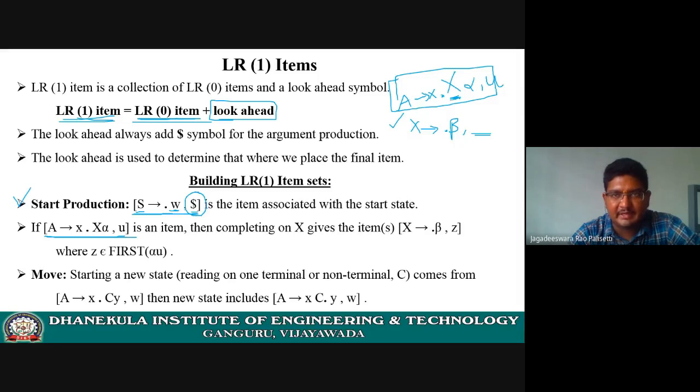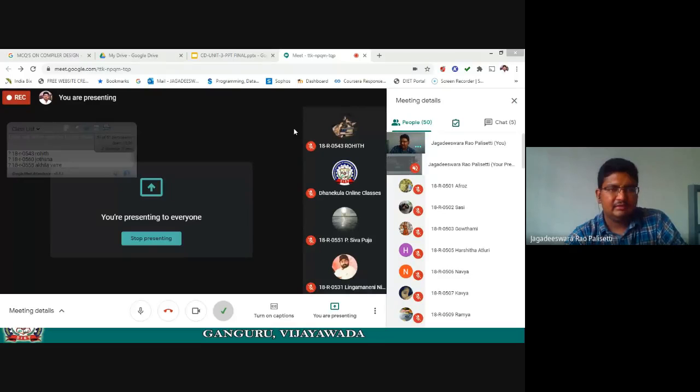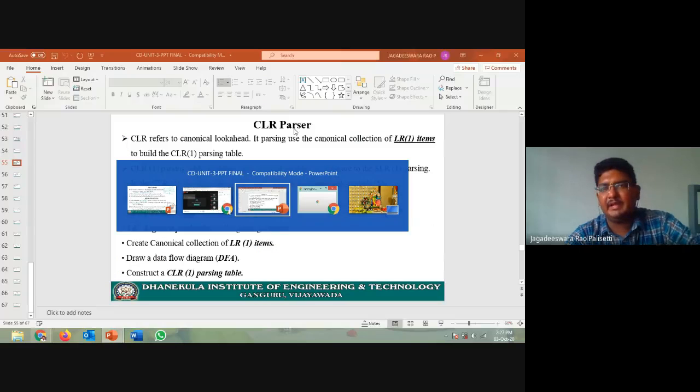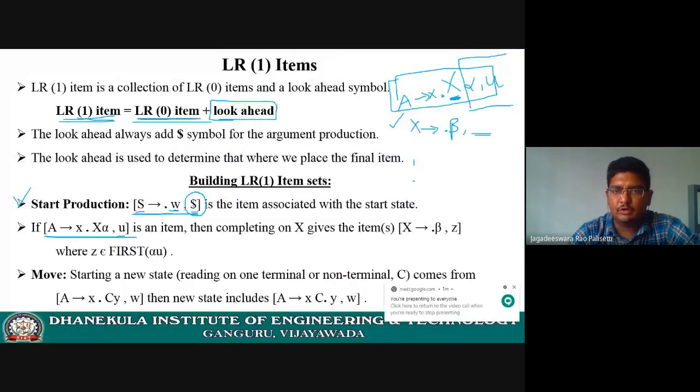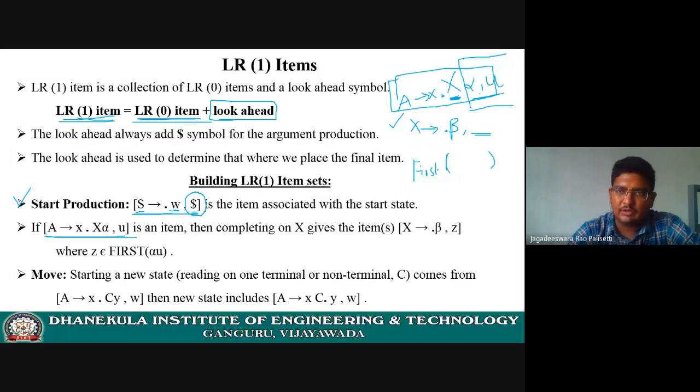Because of this particular capital X. So what you are going to do is compute the first function for whatever we have after that capital X. It may be a terminal, a non-terminal, or a combination of terminals and non-terminals, whatever it may be. I have to consider alpha and u and compute first for this.